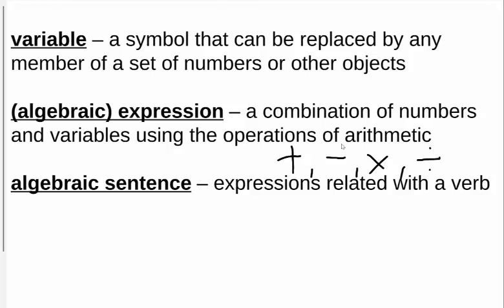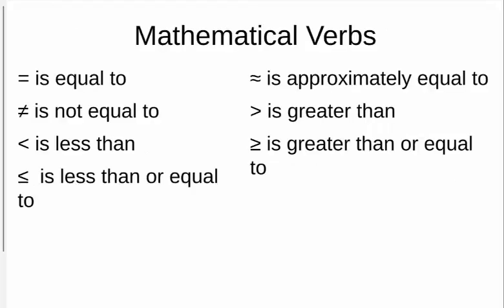So you might want to pause the video and write these definitions down. But we'll move on. Let's look at some verbs in algebra. These are some mathematical verbs we have: is equal to, not equal to, less than or equal to, approximately equal to, greater than or equal to. Most of these you've seen a lot. Probably two you don't see too much are not equal to and approximately equal to.